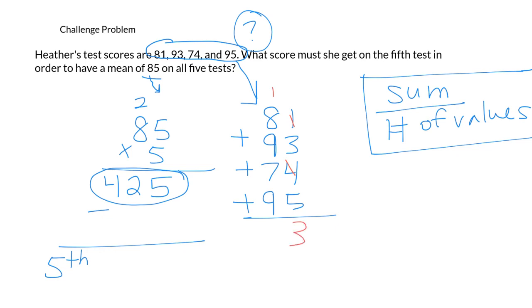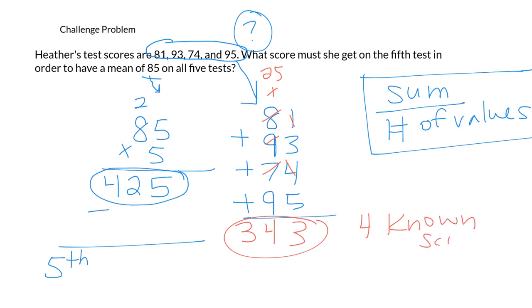I'm going to do the same thing here. I see that I have a 9 plus 1 is 10. And then I see that I have a 7 and an 8, which is 15. So far I have 25. And 25 plus 9 is going to give me 34.